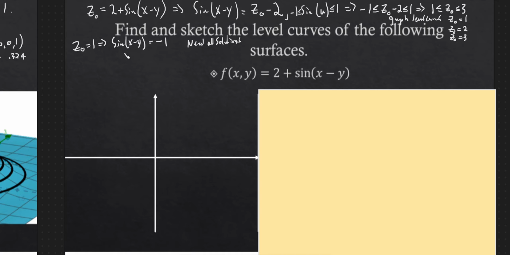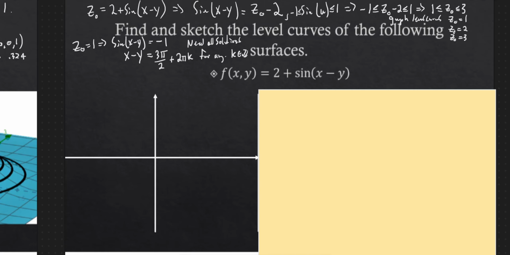So that tells me that x minus y is equal to 3 pi over 2 plus some multiple of 2 pi. So I'll say 2 pi k here, for any k, and that's an integer.